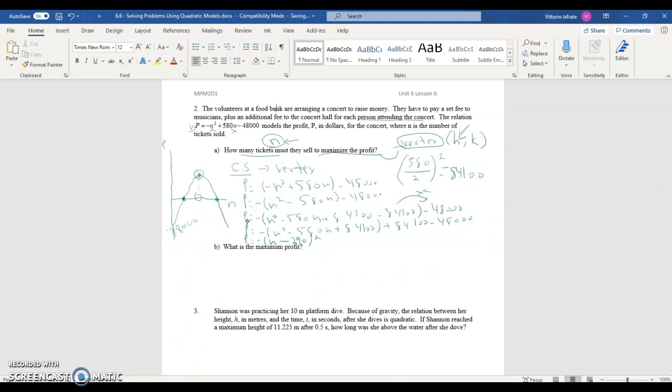And 84,100 minus 48,000, we get plus 36,100. And so we're looking for how many tickets we have to sell. Therefore, we must sell 290 tickets.